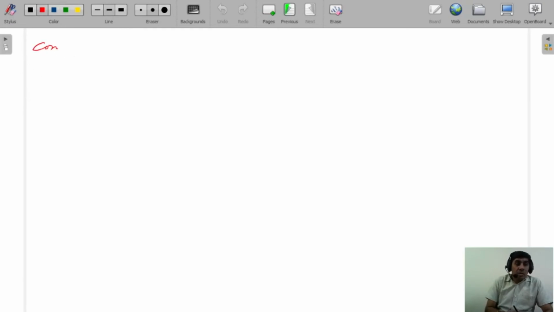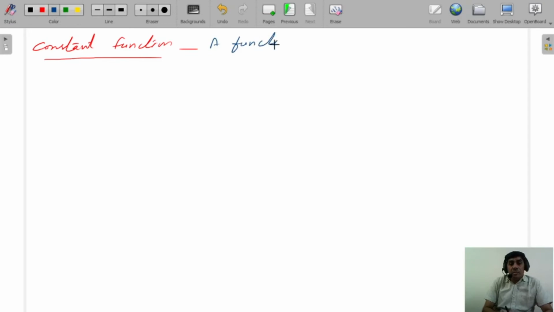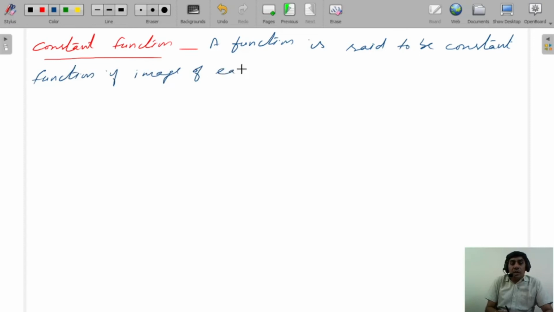Next, constant function. A function is said to be a constant function if the image of each element of the domain is the same.